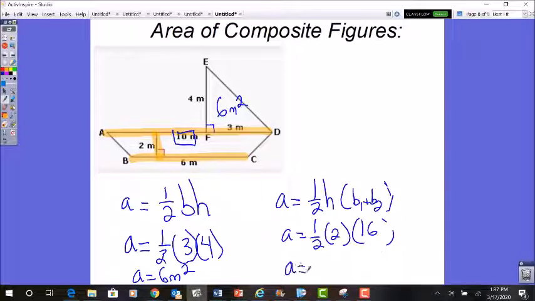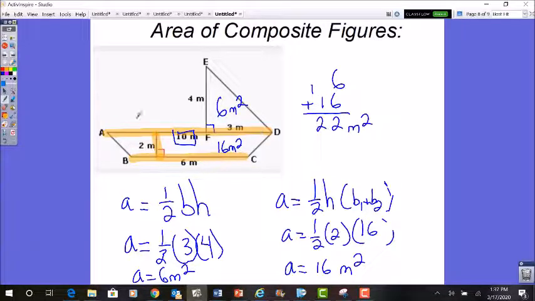So 1/2 times 2 times 16 would be 16. And we have meters squared. So we have 6, we have a 16 meters squared. So when we add those two together, that gives us a total of 22 meters squared.